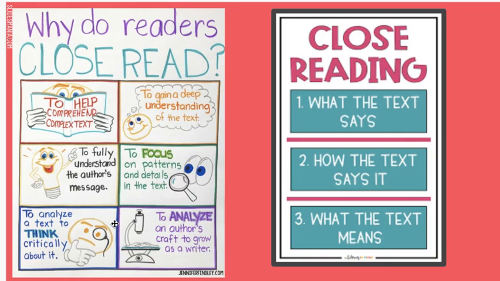So typically it's 3 times. And the first time you're just trying to gather, well, what is the text saying? Second time, how is the text saying it? And what does this mean? So we're really trying to get to understand Chandra and Shubham. And we want to make sure that because we're trying to become experts.